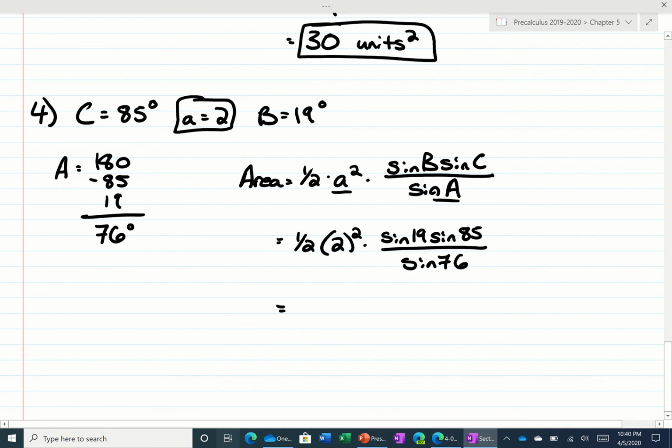Let's see what that comes out to. The calculator is telling me it is 0.7, and looking at my answer sheet, that's correct. So 0.7 square units.